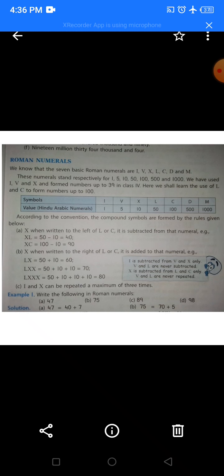That there are 7 basic Roman numerals. Those are 1, 5, 10, 50, 100, 500 and 1000.